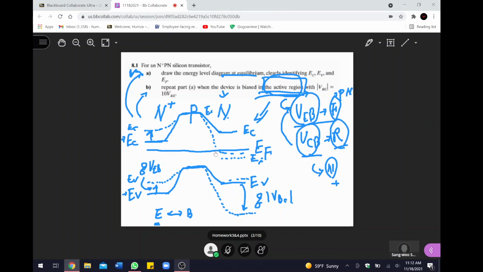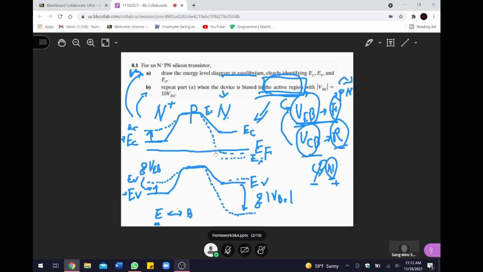bias. The forward bias means that for the emitter-base PN junction, in the P side, you apply the more positive bias compared to the N side. Reverse bias, for the PN junction, is the P side more negative than the N side.